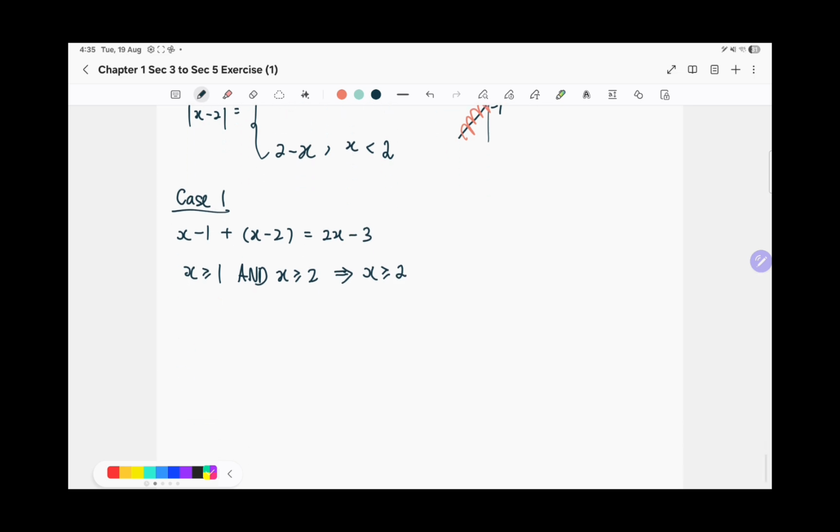If you can't see it, then you draw the number line like this. x greater than or equal to 1, so a solid circle to the right. x greater than or equal to 2, solid circle to the right. So the overlapping is here. This is how we get x greater than or equal to 2. So from here, we are done with case 1.